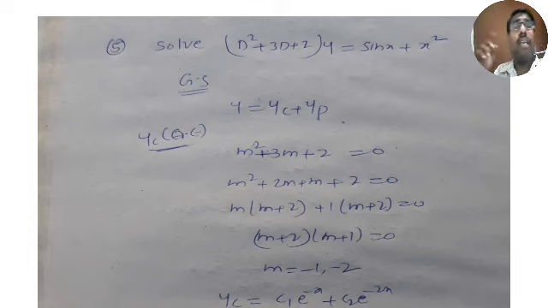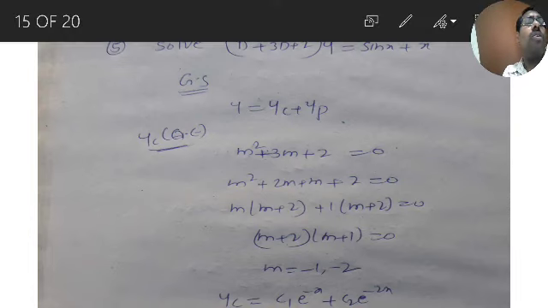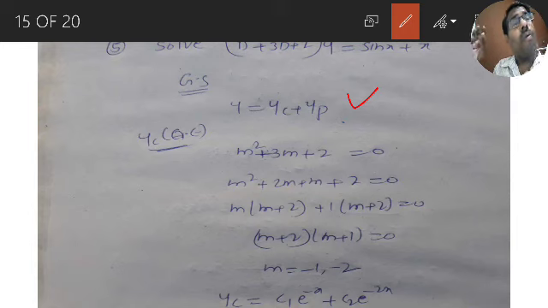Are you getting? Now my general solution contains two terms. Y is equal to yc plus yp. Are you getting?